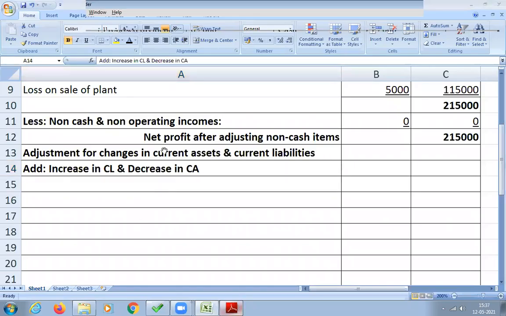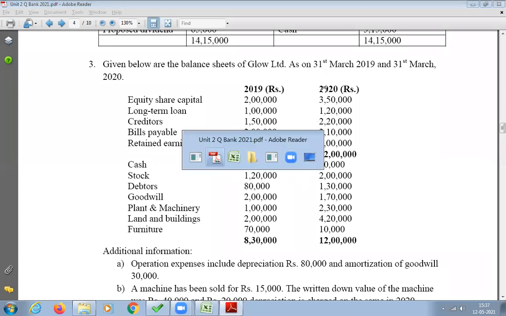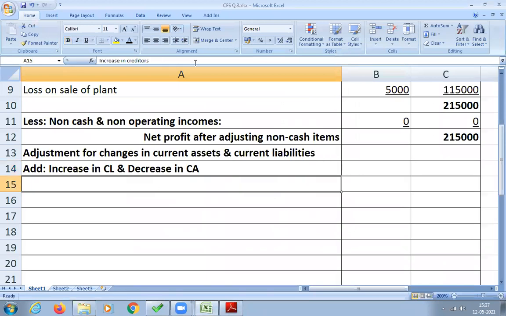Creditors. Current liabilities increased. It was 1.5 lakhs earlier, in 2020 it is 2,20,000. So how much is the increase? Calculate. 70,000.